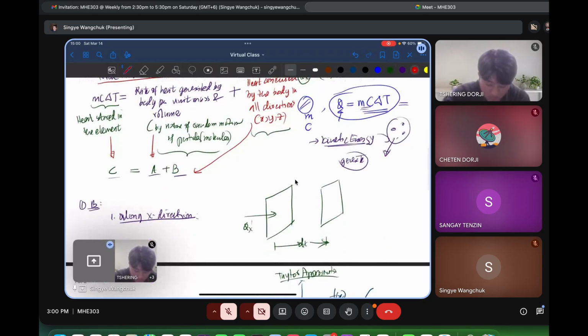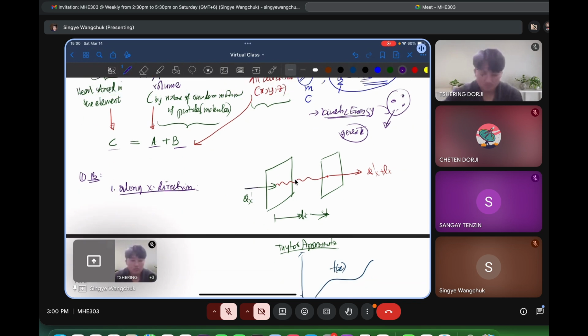Actually what you are saying is your heat is flowing continuously and then you have q dash plus dx here. So you have to approximate from here to this direction.